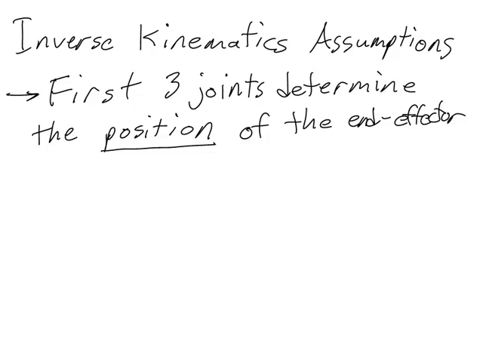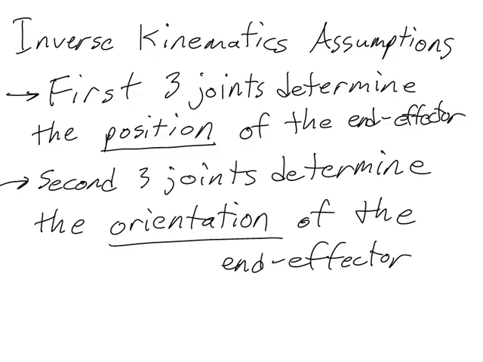All we're going to do is try and get those first 3 joints to put the end effector in the correct position or the correct location. Our second assumption is that the second 3 joints of the manipulator determine the orientation or rotation of the end effector. And so, taken together, this results in another assumption, and that assumption is that the manipulator consists of exactly 6 joints.